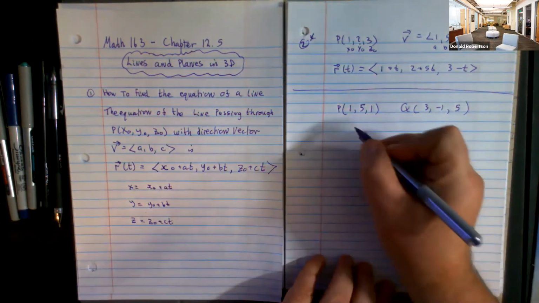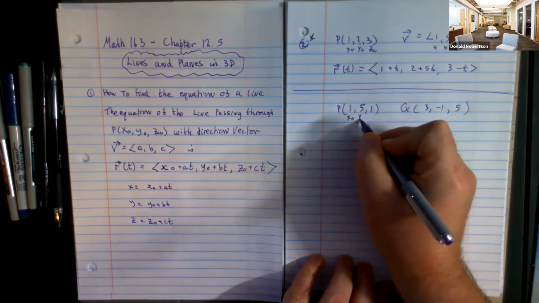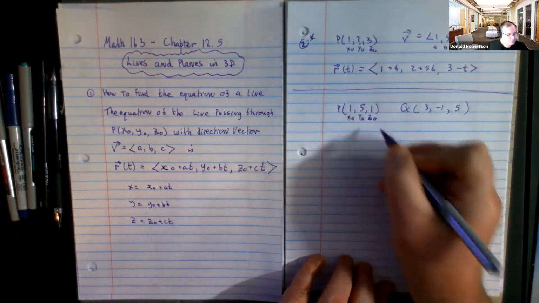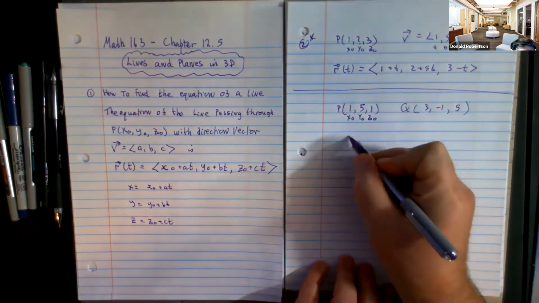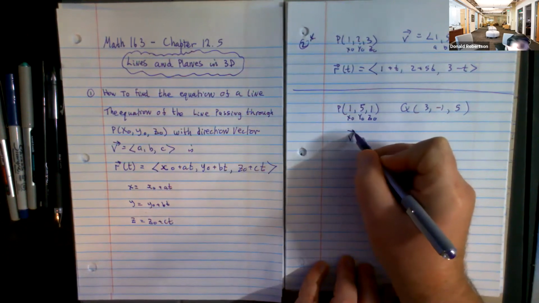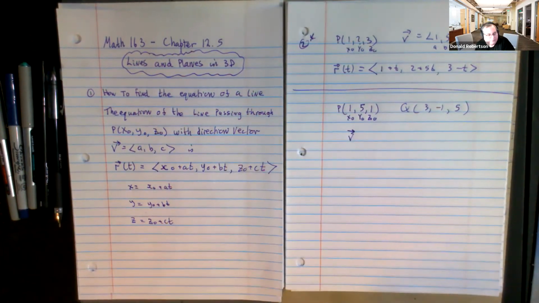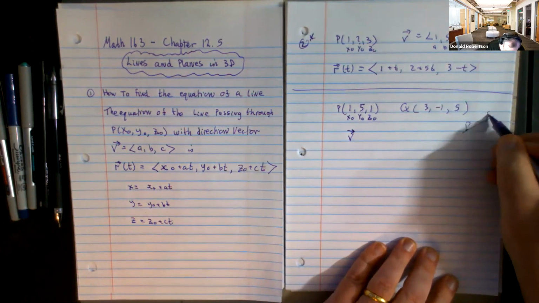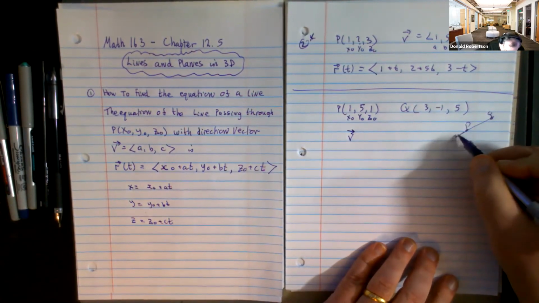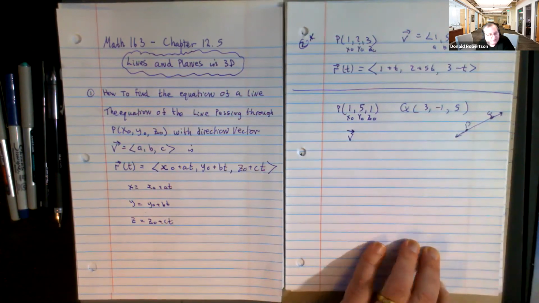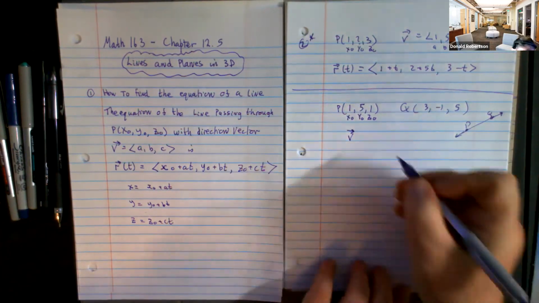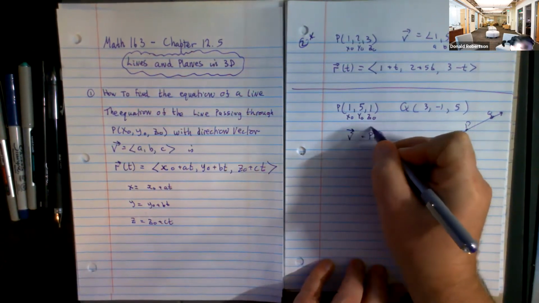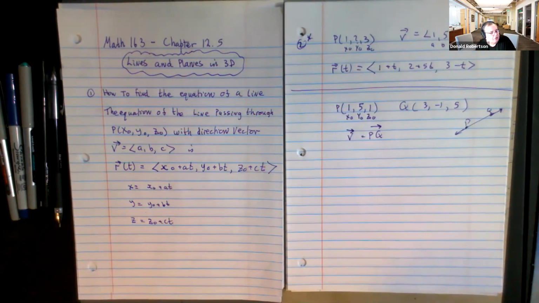Well, in this case, I'm going to pick this guy here as my point. And how will I get the direction vector? All I know is it passes through P and Q. How will I get the Q from P or yeah, P from Q? Whatever way you want to say it. Find the vector PQ. Great.